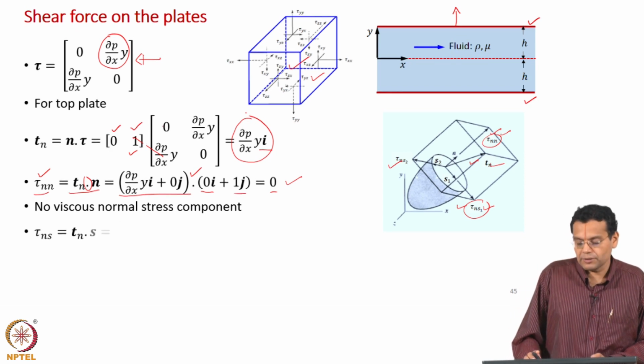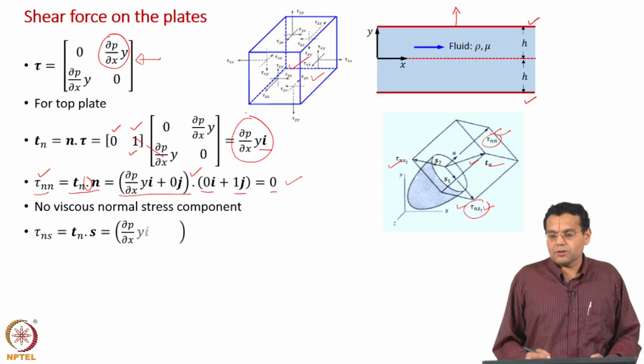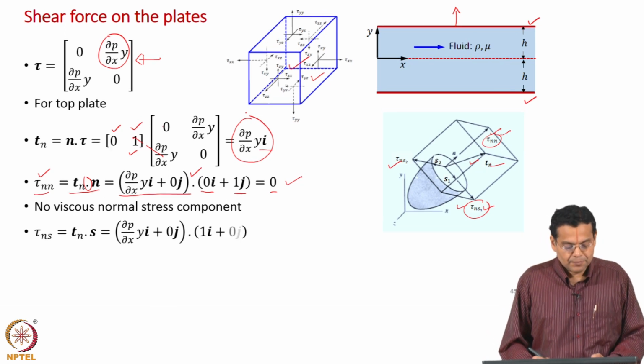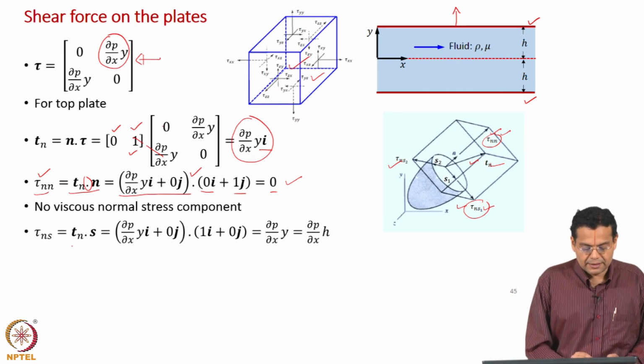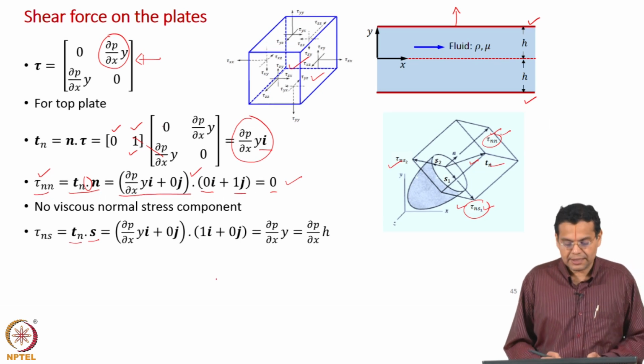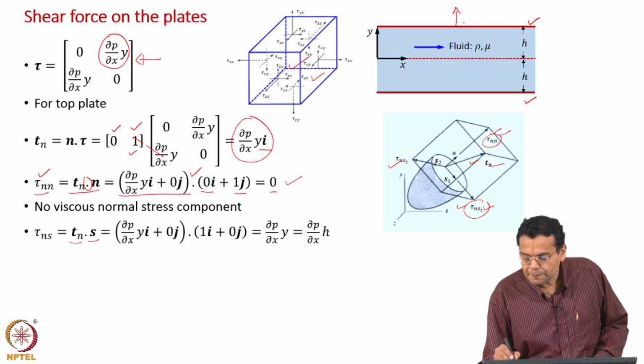Okay, now let us find out the shear stress component of the stress vector. So, it is the projection of the stress vector along the tangential direction, and instead of S1, because we have only one tangential direction, I am taking it as the S vector. So, it is tau n s, the stress vector dotted with the S vector. Now, what is the S vector? The tangential direction, it is along the direction of the plate.